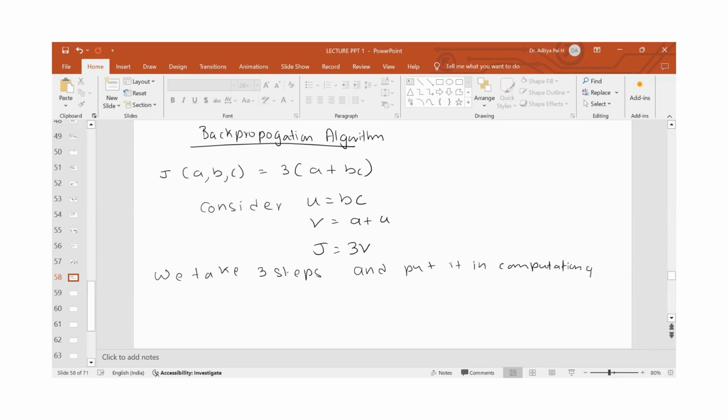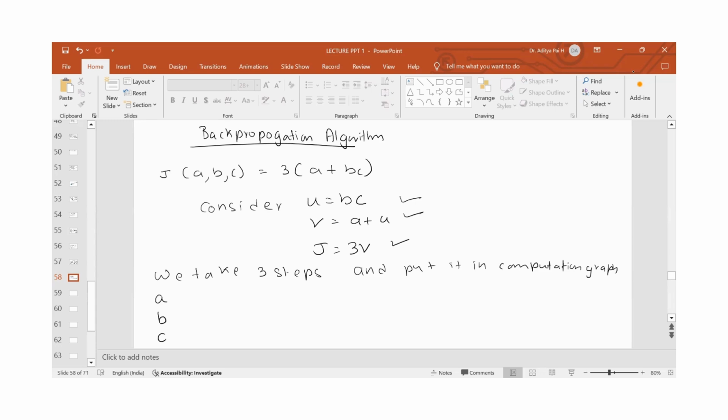The equation I am displaying here is with respect to the forward propagation and backward propagation. So consider A, B and C. These are the three inputs, and we are finding out the cost of all the three inputs A, B, and C.